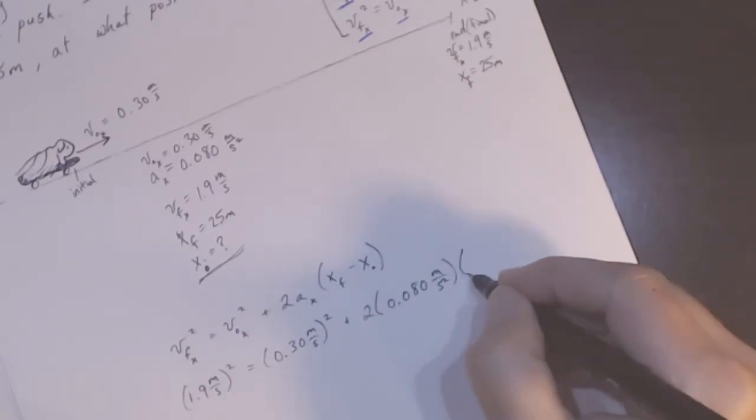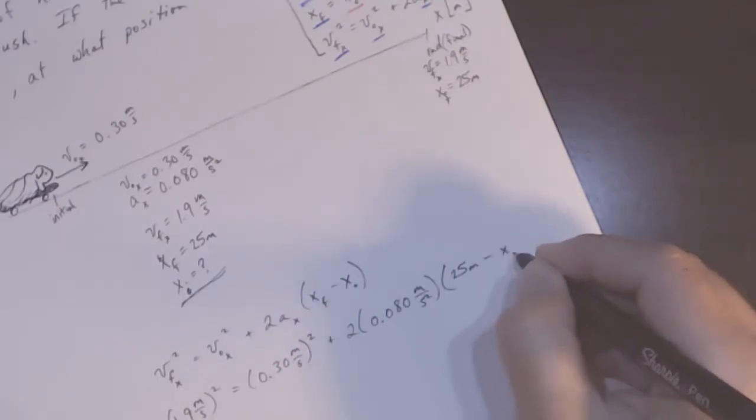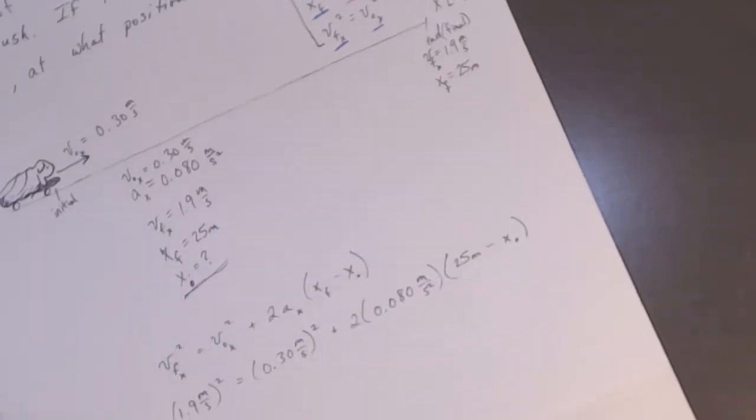And then x final is 25 meters, and x initial is what I'm looking for.